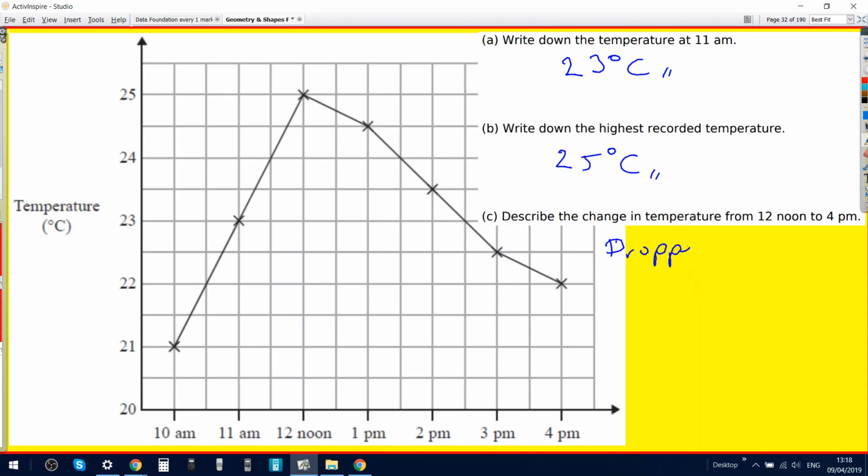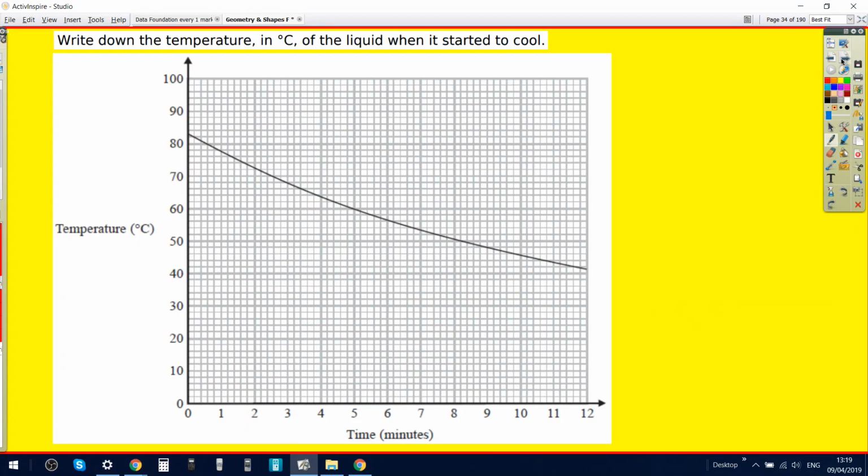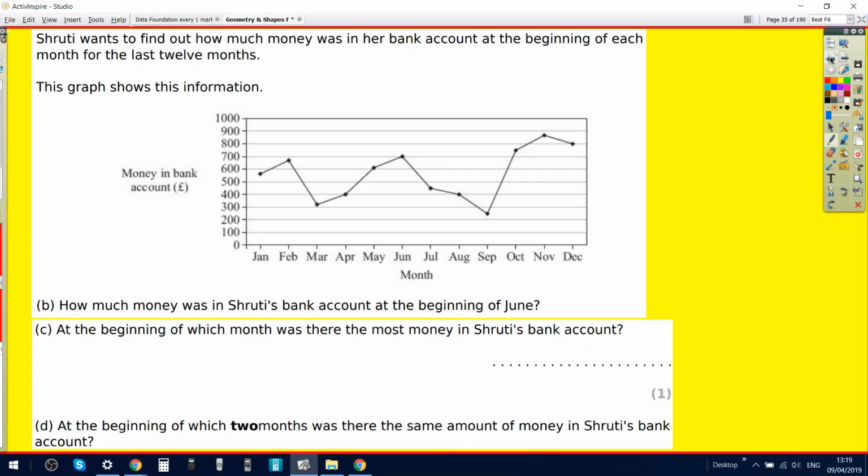It goes from 25 to 22 degrees. So 3 degrees, drops by 3 degrees. Yeah, I think that's fine. It's not a difficult question, and there's lots of them. We did one. I'm happy there.